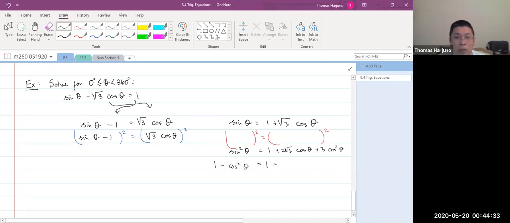Oh, we can cancel the 1, that's really nice. Cancel the 1, so 0 equals 4 cosine squared theta plus 2 radical 3 cosine theta. Now factor the 2 cosine theta out.